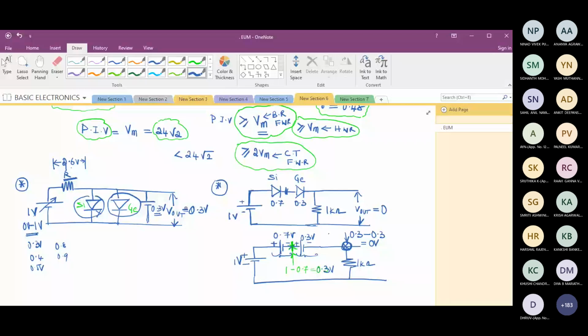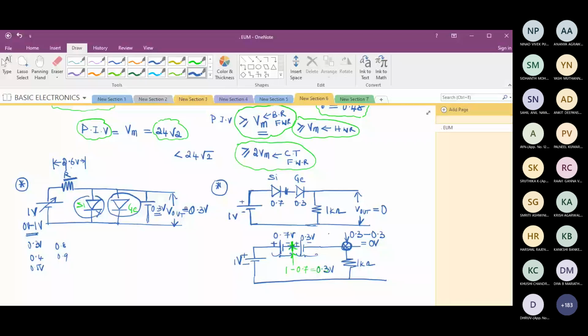So I can conclude like this: if I connect a set of diodes, say 3, 4, 5, any number of diodes in parallel, and apply a potential greater than the minimum cut-in potential of one of those diodes, then the output voltage is always the minimum cut-in voltage. Are you getting it?